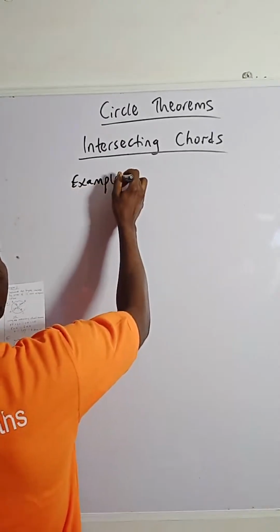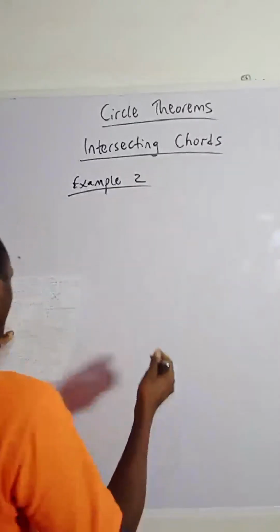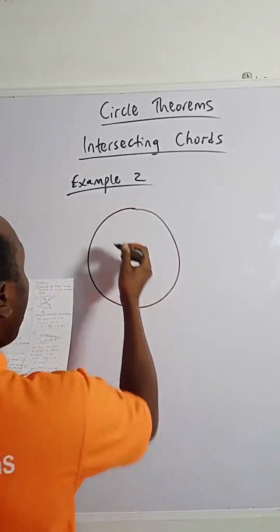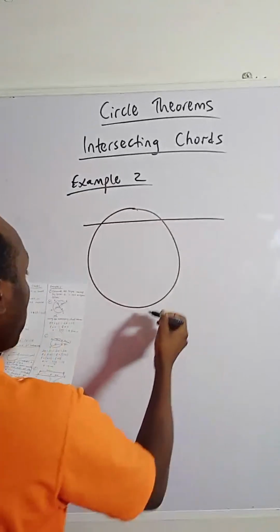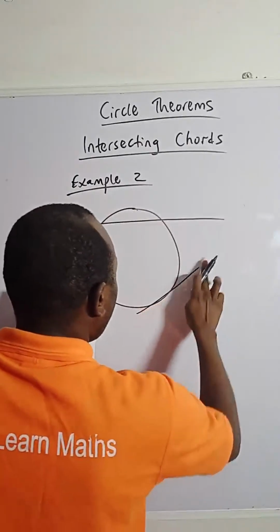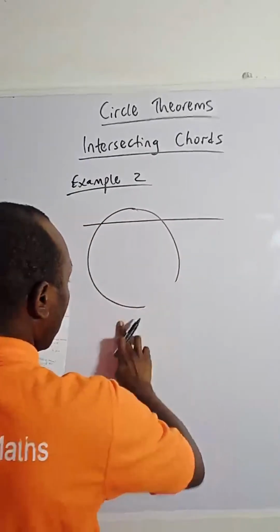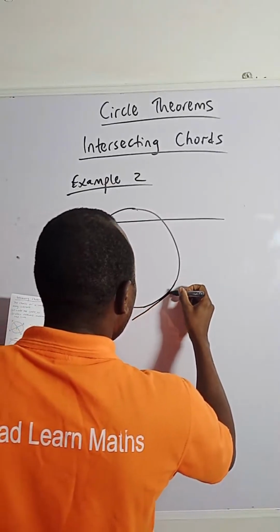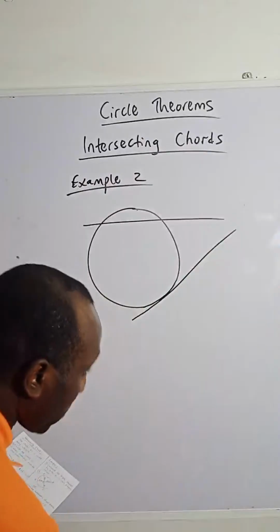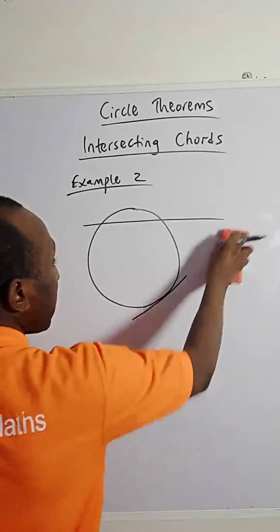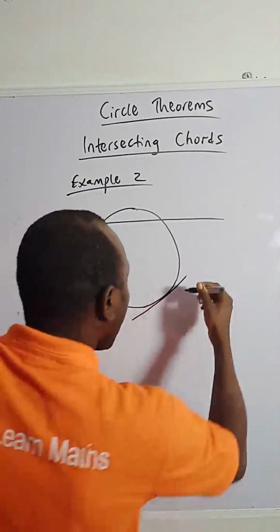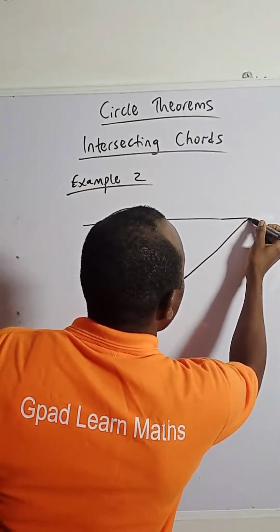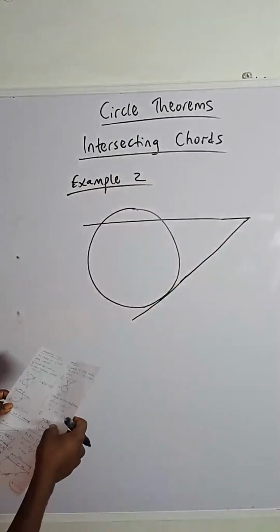Example, I think this is the second example also. So now you have a circle, and then you have a secant, then you have a tangent. Let me extend this. So you have, okay. All right, good.